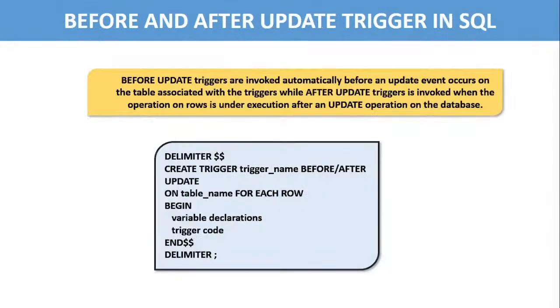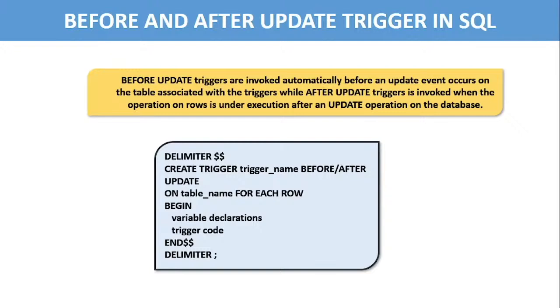Next we have the before and after update trigger in SQL. Before update triggers are invoked automatically before an update event occurs on the table associated with the triggers, while an after update trigger is invoked when the operation on a row is under execution after an update operation on the database. The syntax is also the same.